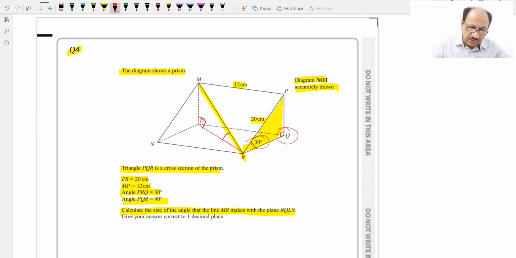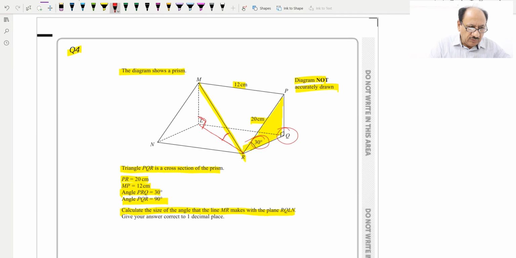For that we require two sides of the right angle triangle, so we can find ML, and we can find MR. So these two sides we require.